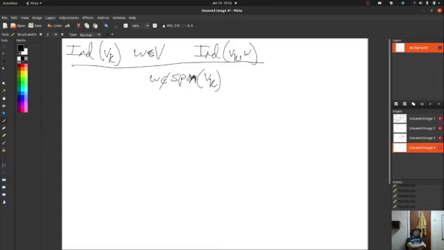There does not exist a sequence lambda k such that... that's what we want to show.